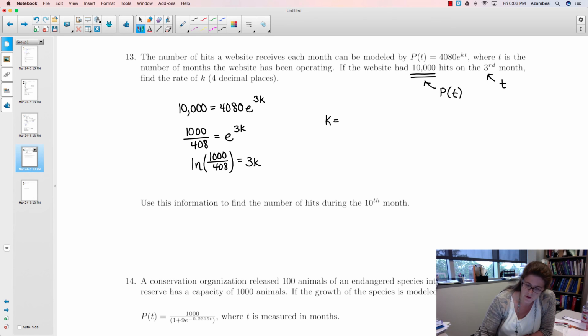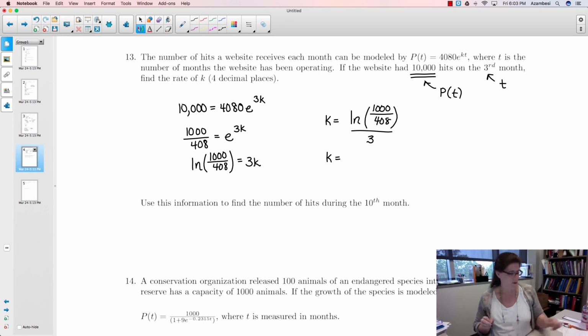So if I divide by 3, I get what k is equal to. K is equal to the natural log of 1,000 over 408, all divided by 3. And I'm going to put this into my calculator, and I have the natural log of 1,000 divided by 408.